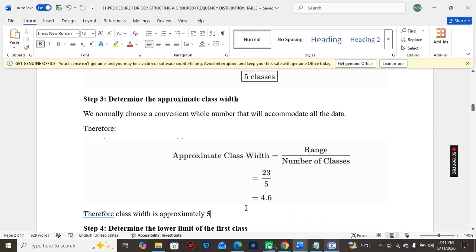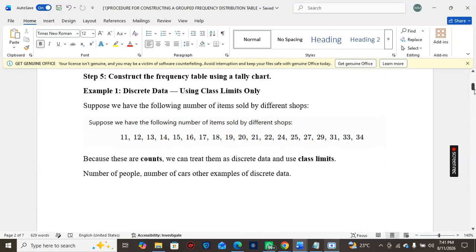After we have done that, we go to step 4, where we determine the lower limit of our classes. We look at our numbers and see the lowest number is 11. We could put classes from 11 to 15, and so on, but usually in statistics we start with tens, ones.